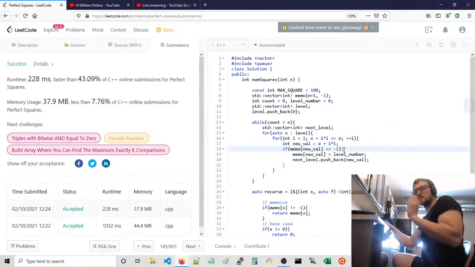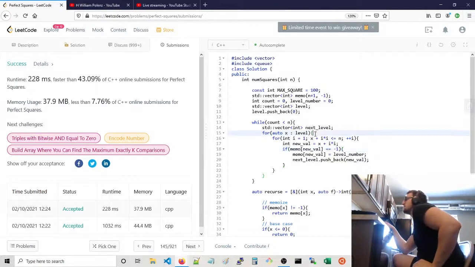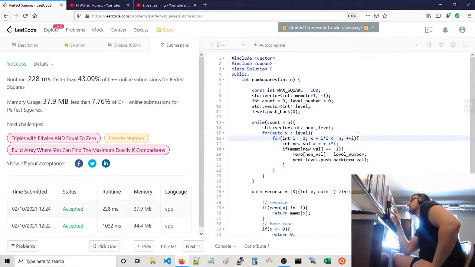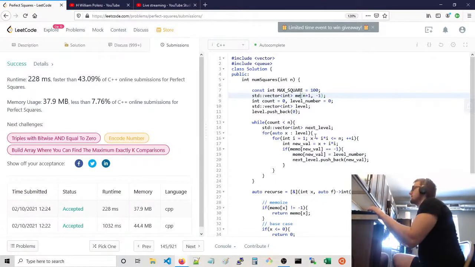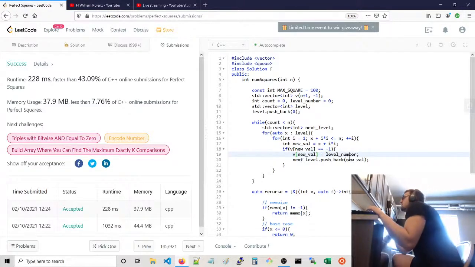It's basically like a dead branch. As for each value in this level, we're going to run through all of the possible perfect squares we can add, and add those to our next level and memoize each of those. And here we're just going to call this a V instead of memoized, because it's not really memoized anymore. Not quite the same thing anymore.